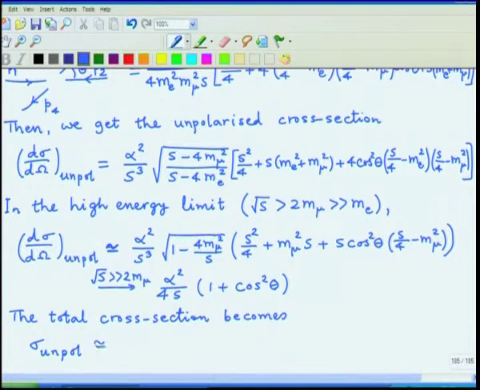First just neglecting the electron mass, and then we will remove the muon mass as well.